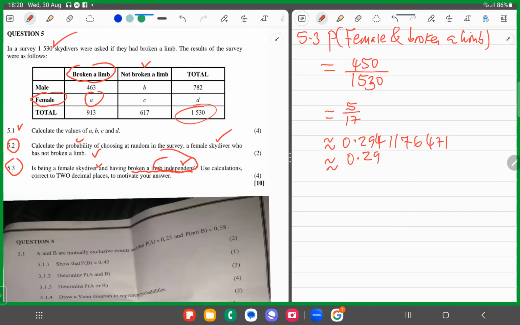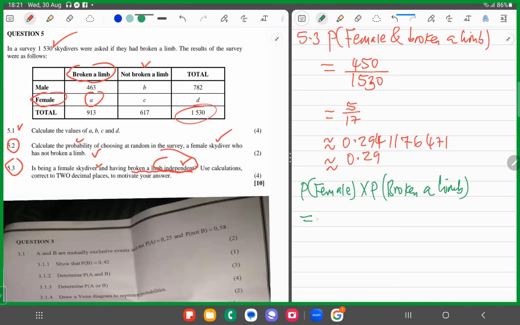Next, we look at the probability of female multiplied by the probability of a broken limb.